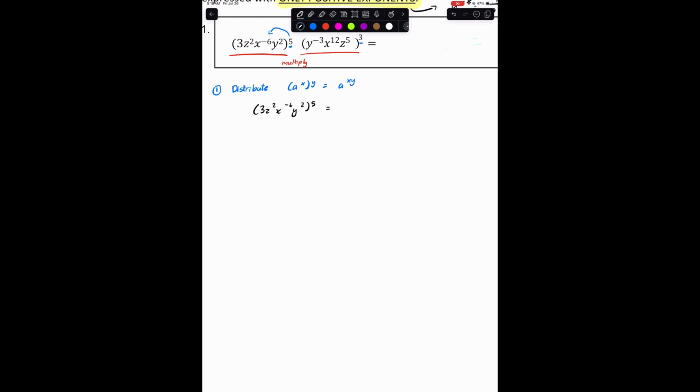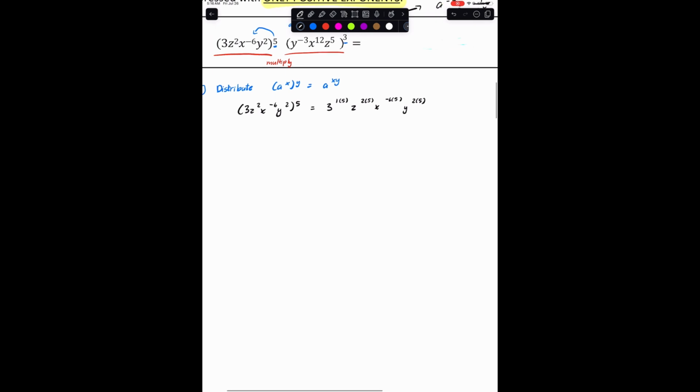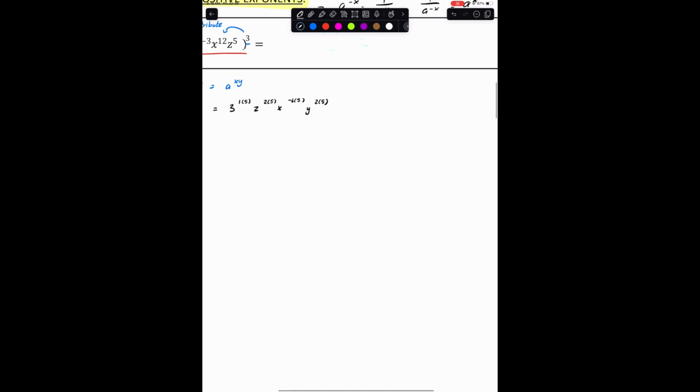So this is 3 to the first times 5, z to the second times 5, x to the negative 6 times 5, y to the second times 5. We can simplify that to 3 to the fifth, z to the 10th, x to the negative 30, and y to the 10th.